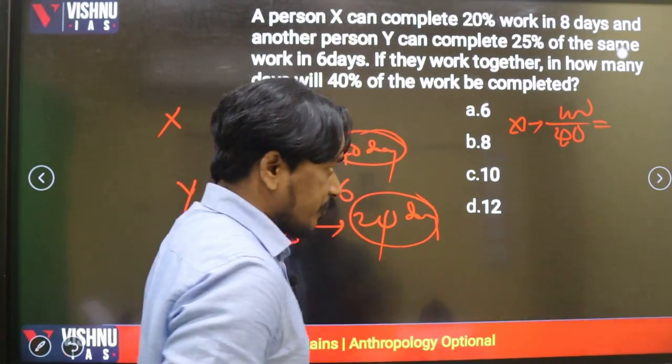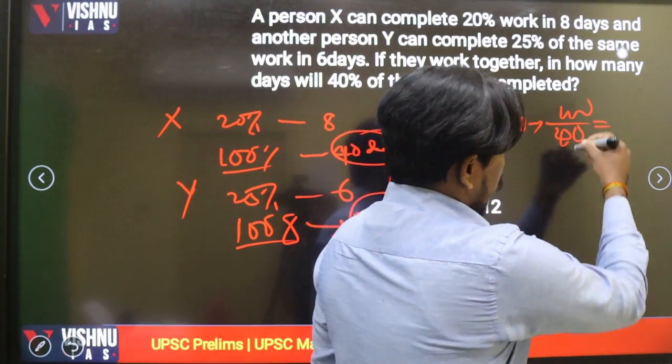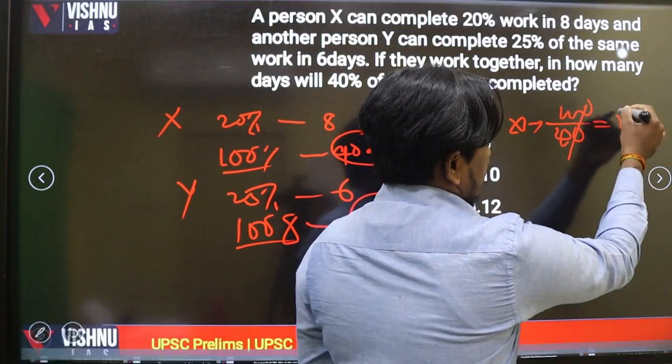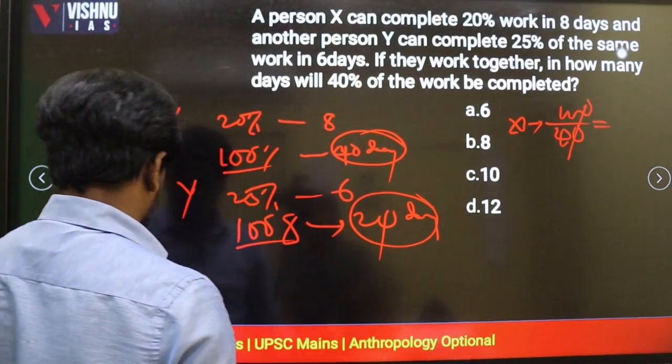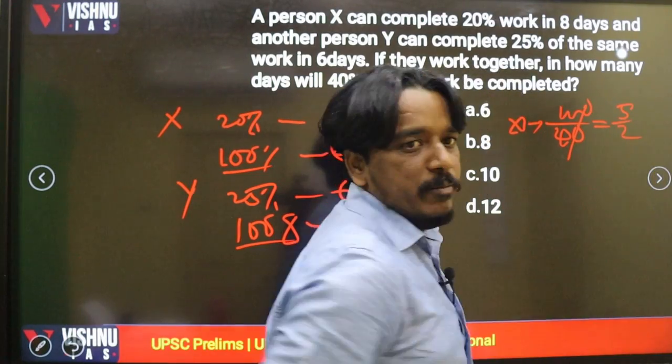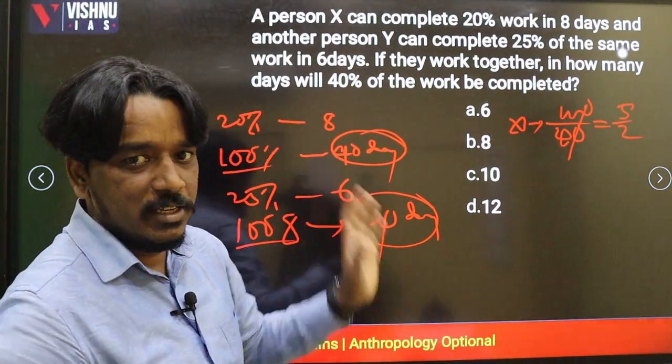So if you simplify here, 5 by 2 is the efficiency of the person X.